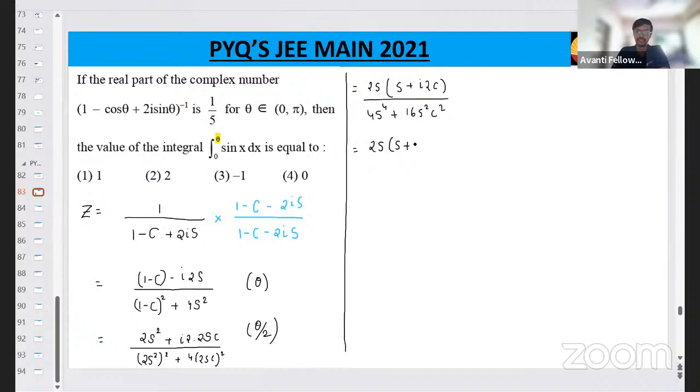So sin plus i into 2 cos upon 4 sin square common, what will remain? sin square, plus 4 cos square. So this will cancel, one sin will also cancel. So what do we have here? We'll have sin plus i into 2 cos upon 2 sin, into sin square plus 4 cos square.